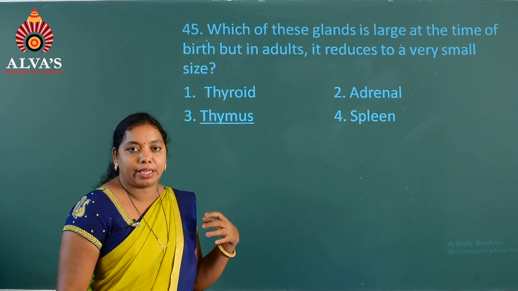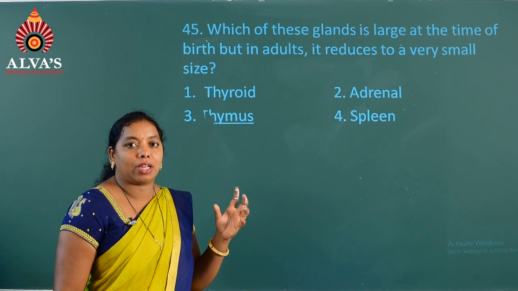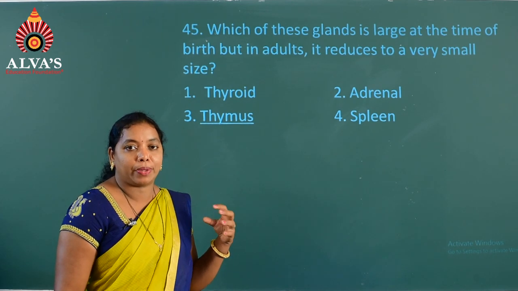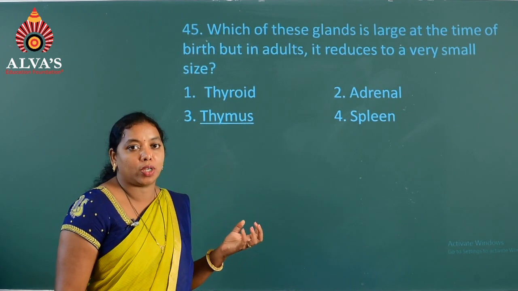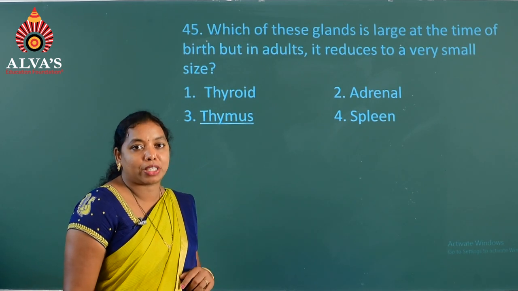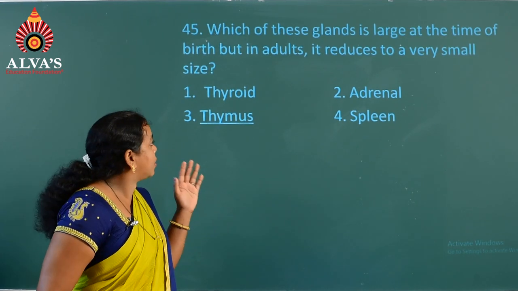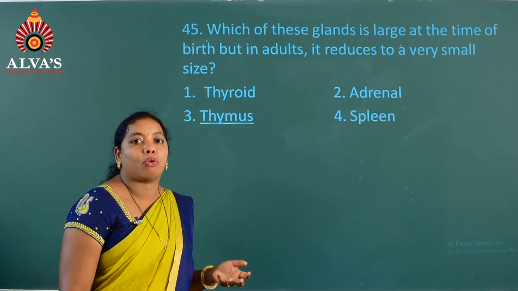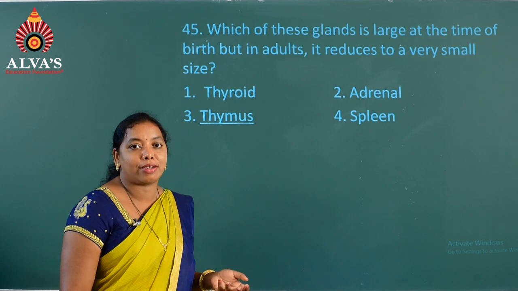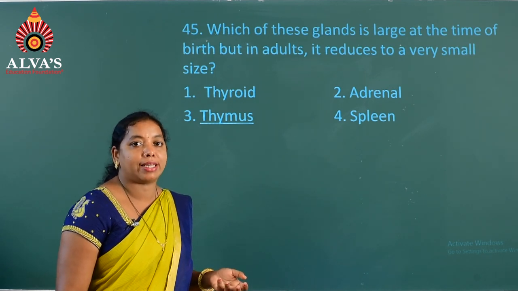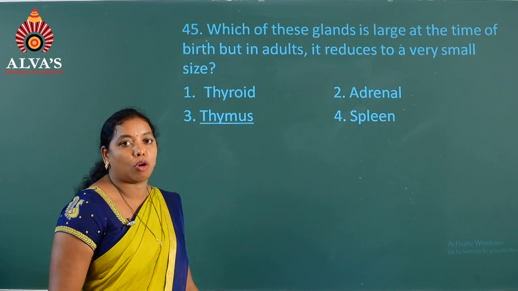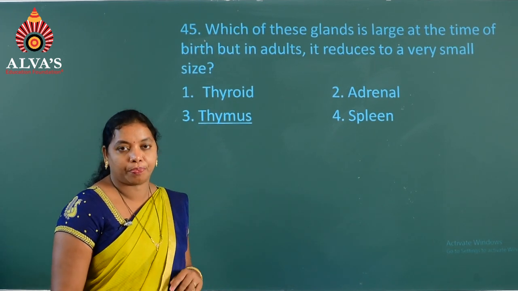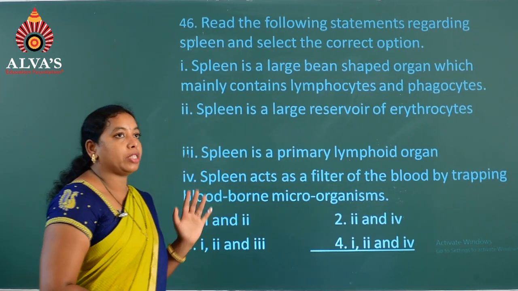Whenever we reach adult life, this particular gland's size goes on reducing, whereas in old age people, the gland size becomes very small. It is also responsible for the immune responses. Hence the answer is the thymus itself, because the production of lymphocytic cells takes place there. So the answer for this question is option 3, that is thymus, which is located in the chest region.